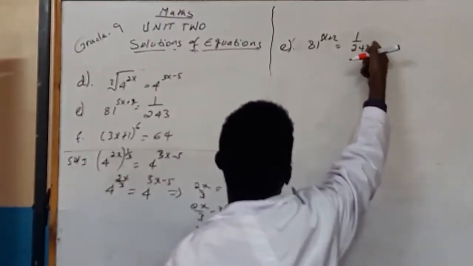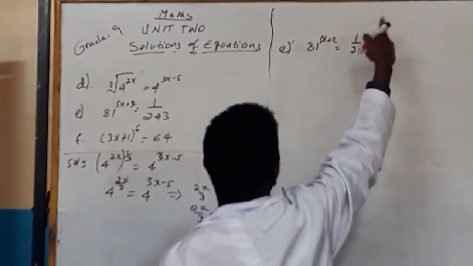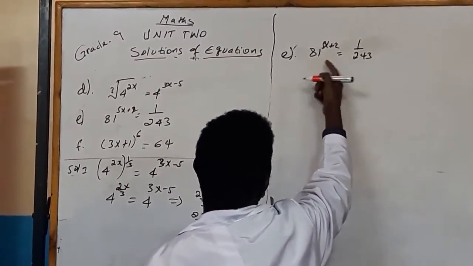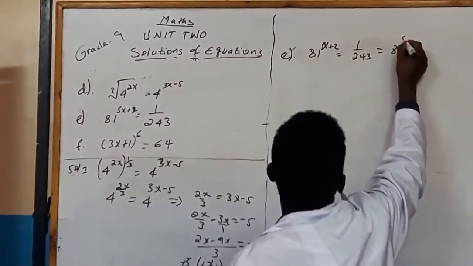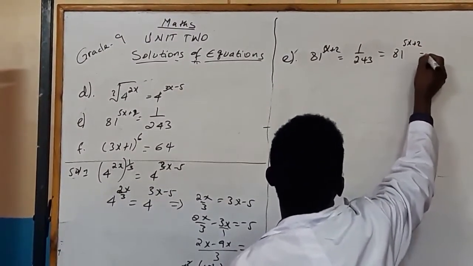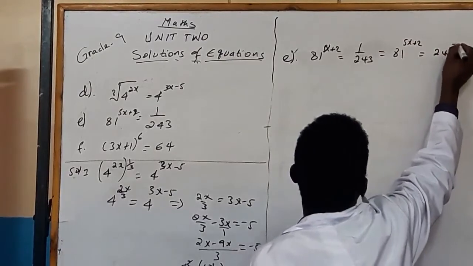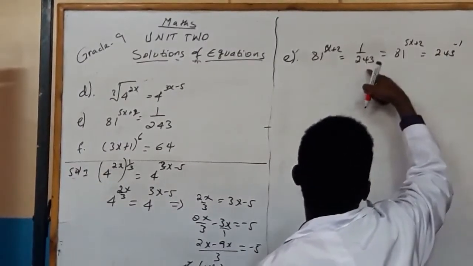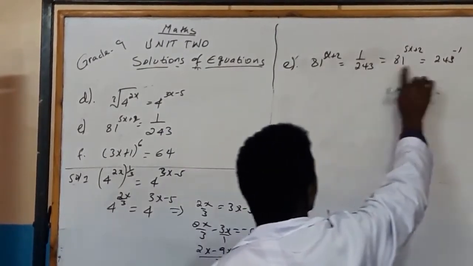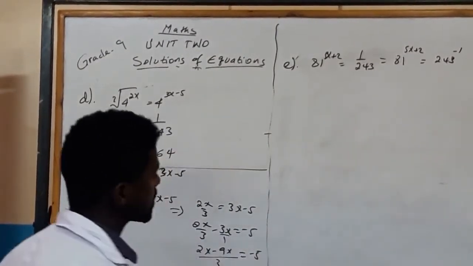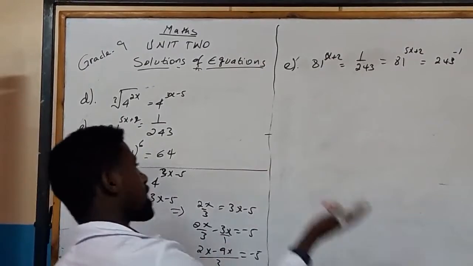This can be written as 243 the power of negative 1, right? So we can write 81 the power of 5x plus 2 is equal to 243 the power of negative 1. Since this is a fraction, you can write it as the inverse of the number. And 81 and 243 are different bases, and we have to change them to like bases.